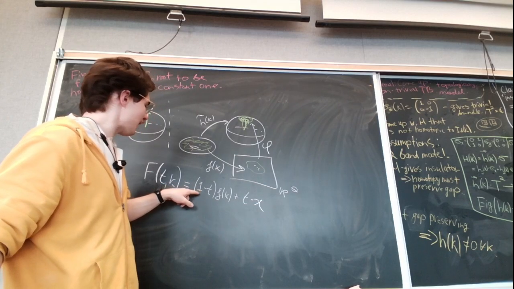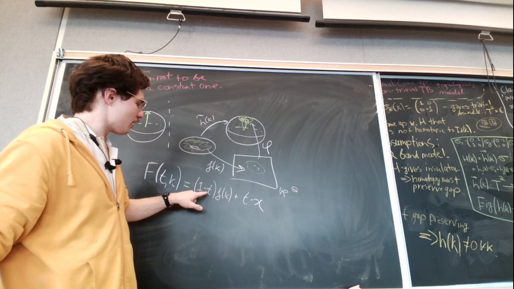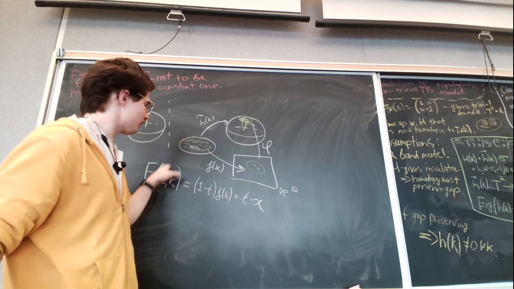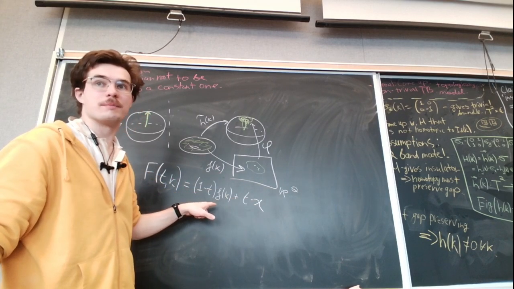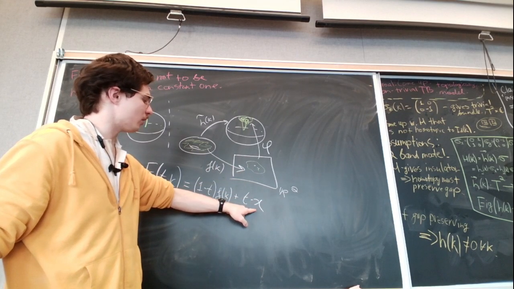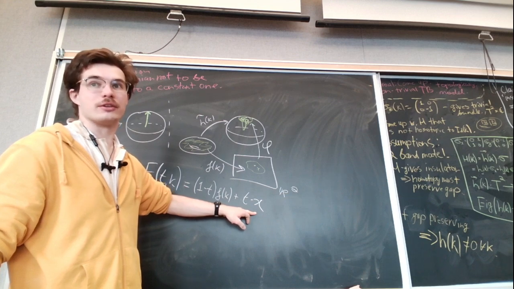So the point is, as I increase t, do you agree? As I increase t from 0 to 1, at t equals 0, this function is just f of k. Do you agree? But when t reaches 1, this function is now just a constant function x. Do you agree?